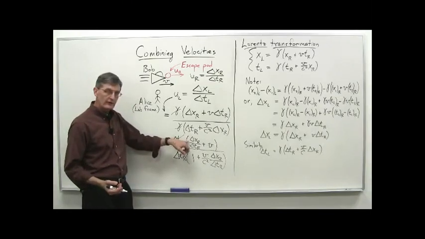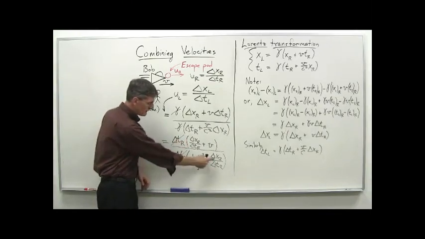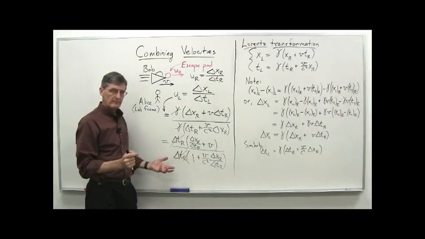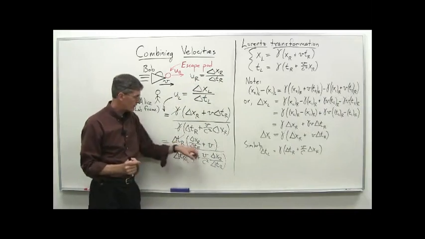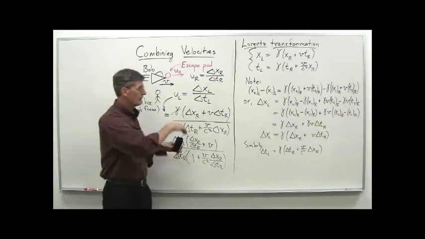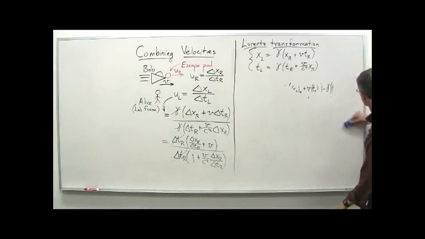Well, look what we've got inside here. I've got a delta x sub r over delta t sub r. Another one down here, actually, delta x sub r over delta t sub r. And that is u sub r, by definition. So I can replace this and this with just the value u sub r that Bob is going to tell us.